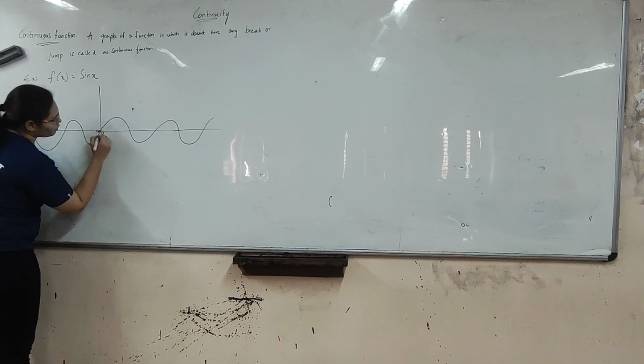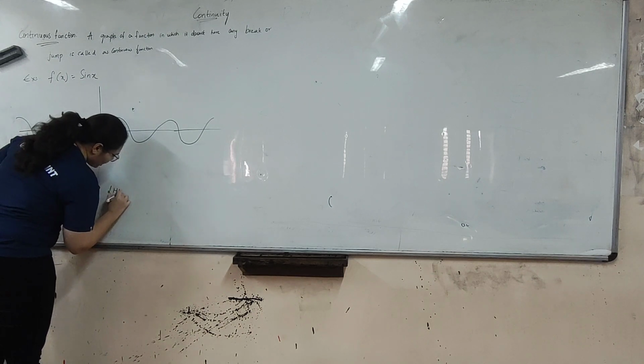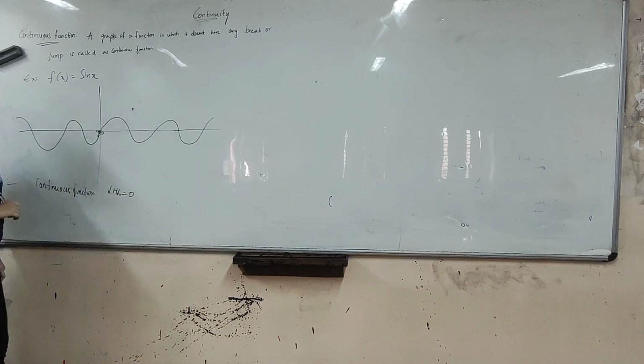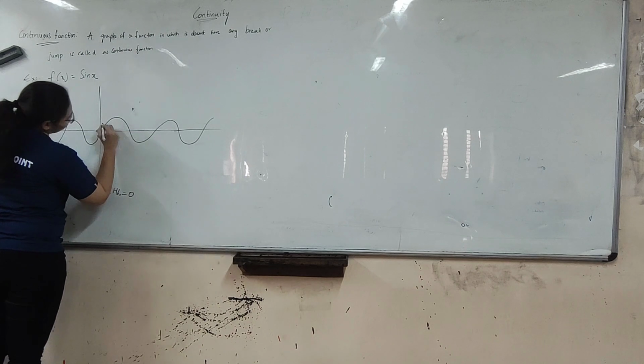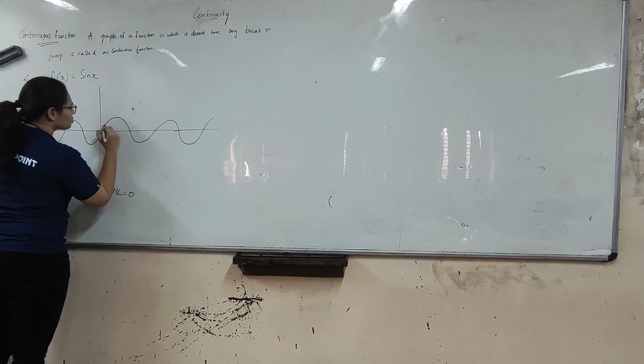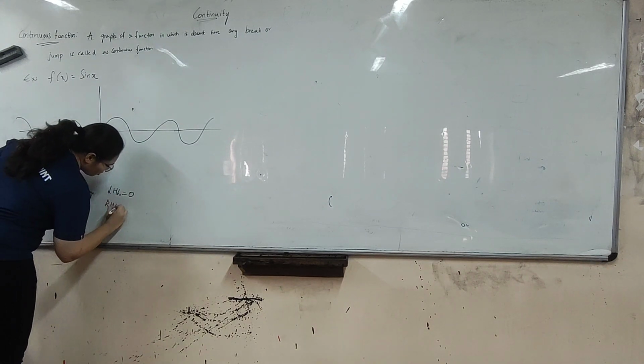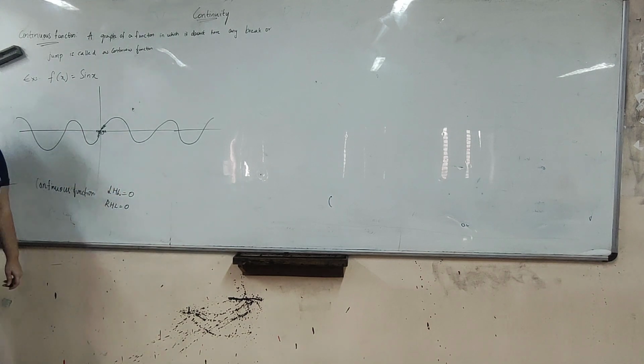Then how is f of x tending? Right, to 0. So LHL will be 0. And from the right-hand side, if x tends to 0, f of x is also tending to 0. RHL is also 0, right?